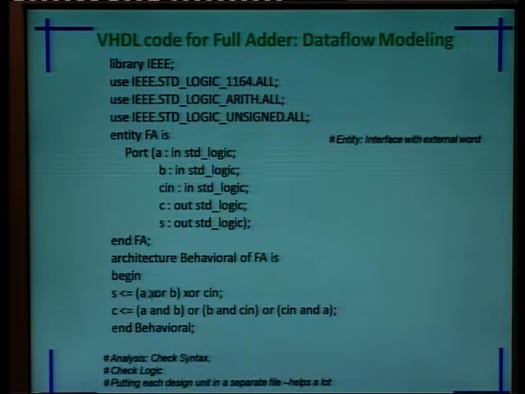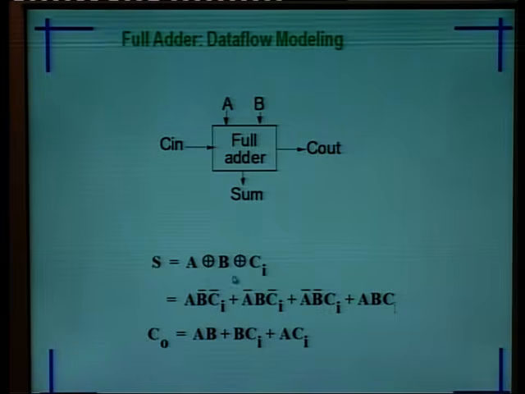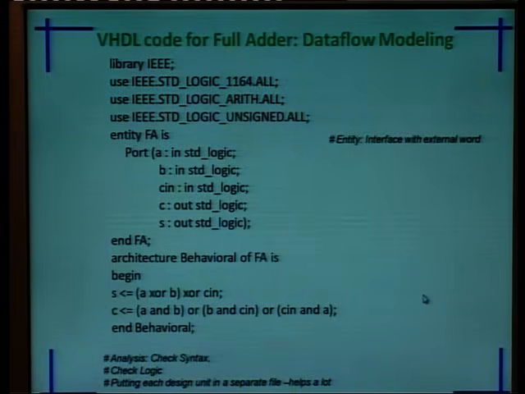For sum we have the Boolean expression, and for carry we have the Boolean expression, as we have seen in the previous slide. These expressions we are directly implementing in the data flow, and end behavioral, this is all about the data flow modeling for the full adder. So here, after writing this code, what we have to do is go for the check syntax.